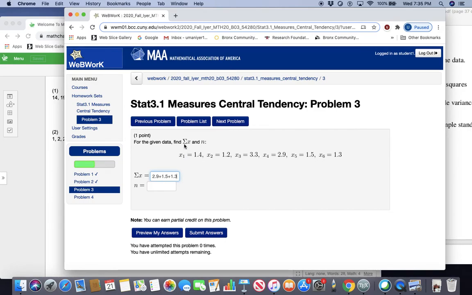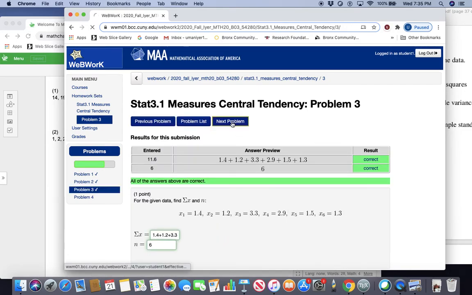That's what sigma x means: add all the x's. What is n? How many numbers do you have? 1, 2, 3, 4, 5, 6. So there are 6 numbers. That is your n. n is the number of numbers. Sum x is you add all the x's.